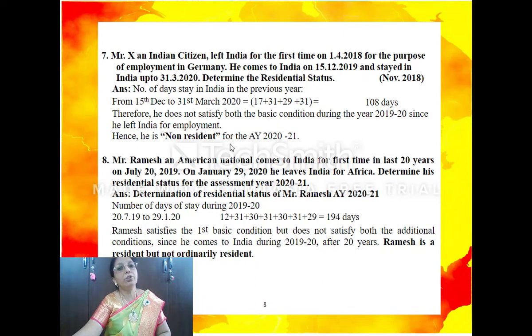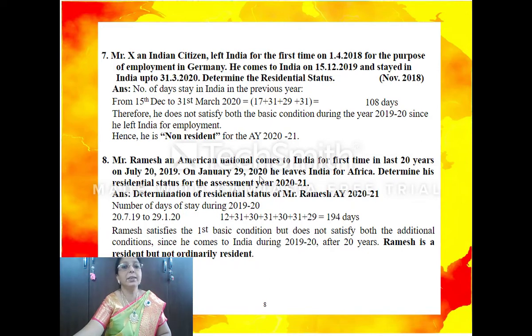The next situation, Mr. Ramesh, an American national, comes to India for the first time in the last 20 years on July 20, 2019. On January 29, 2020, he leaves India for Africa. So now, going on to his stay in India from July till January, he is in India.